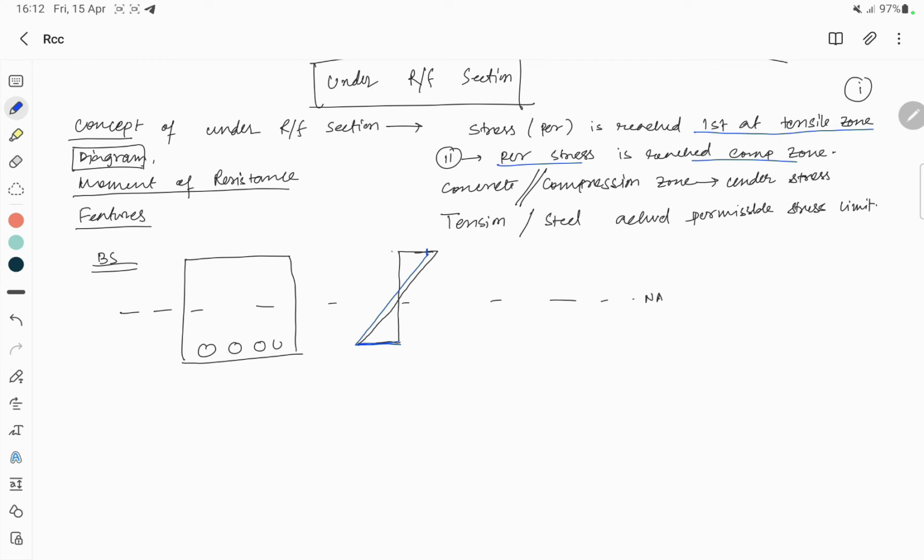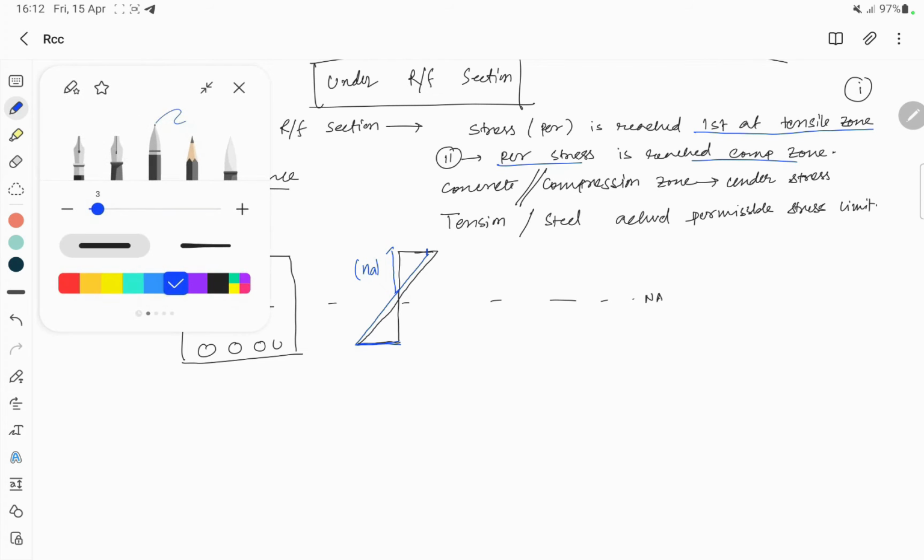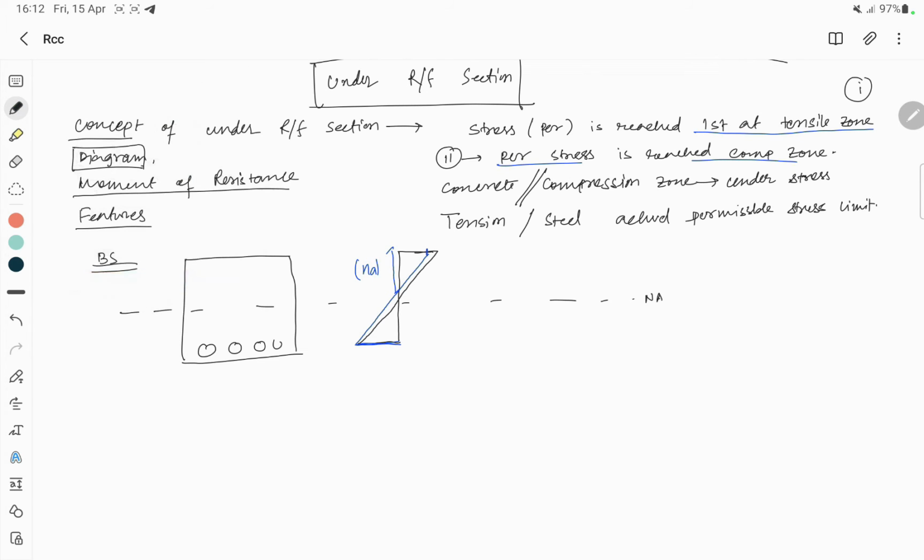So now this is your neutral axis, and this is your neutral axis for the previous one.